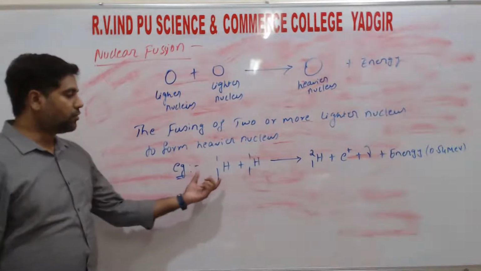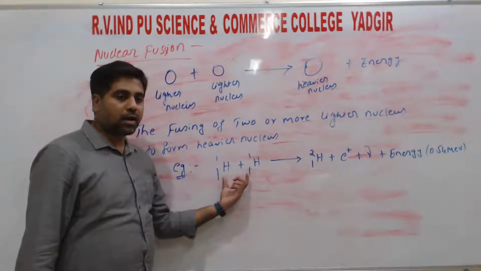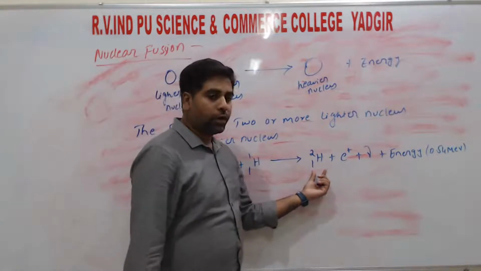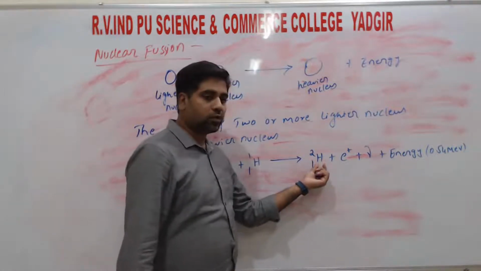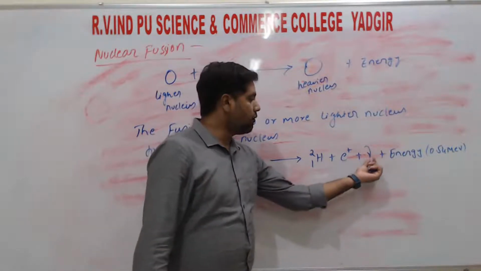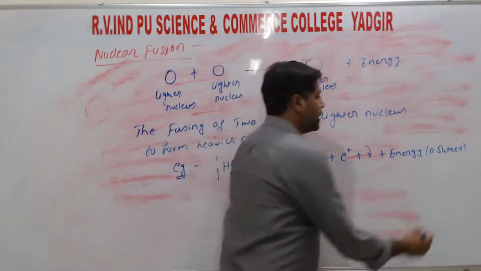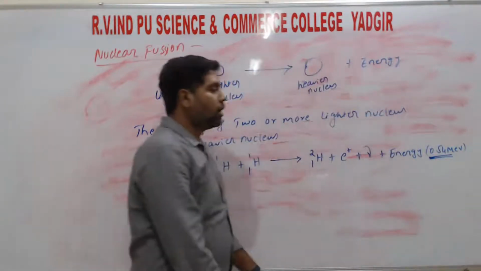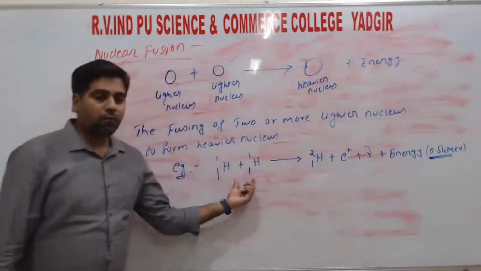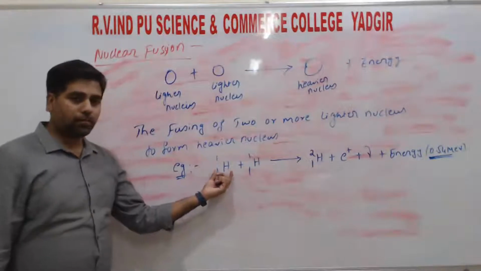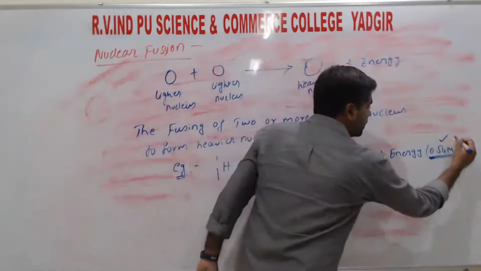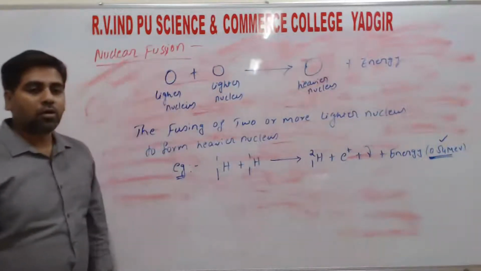So here two protons are fusing together to form one deuteron, which is also an isotope of hydrogen. Along with that, one positron and one neutrino are released, and it releases energy of 0.54 mega electron volt. This is for one fusion, that means when one proton fuses with one proton, we get 0.54 mega electron volt.